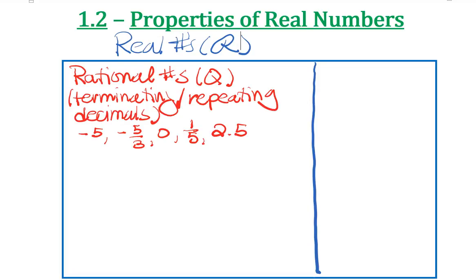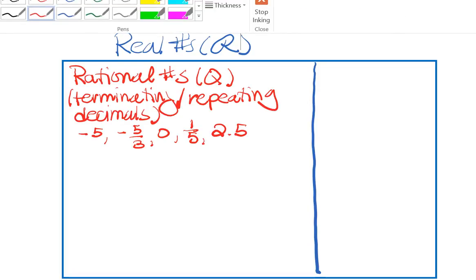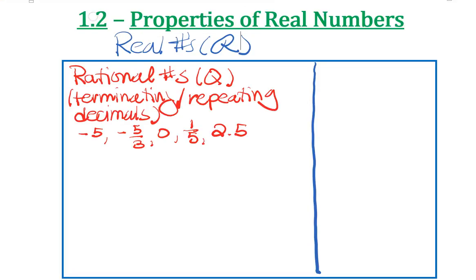The other broad category in the real number system is called the irrational numbers, and these are the ones that fall in this other box.